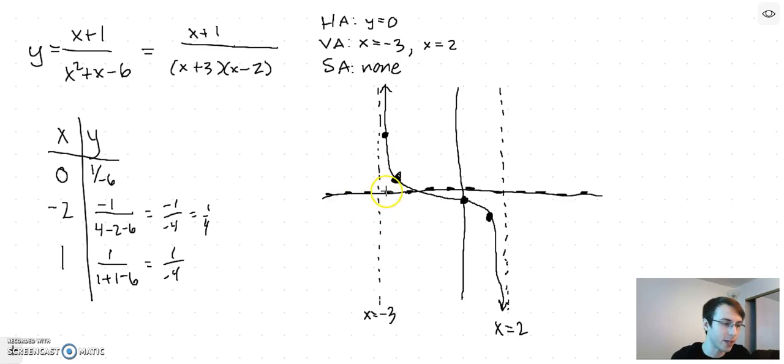Alright, what about what's happening at this side of negative 3? Let's plug in negative 4. When we plug in negative 4, we get negative 3 over 16 minus 4 minus 6, which is negative 3 over 10.